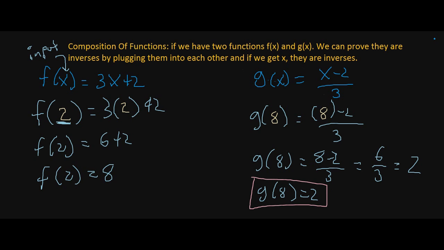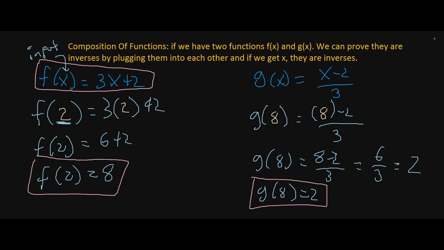Alright, if you notice here, in this problem, when we plugged 2 into our function, we got 8 as our answer. In this problem, when we plug in 8 in this potential inverse equation, our answer is 2.